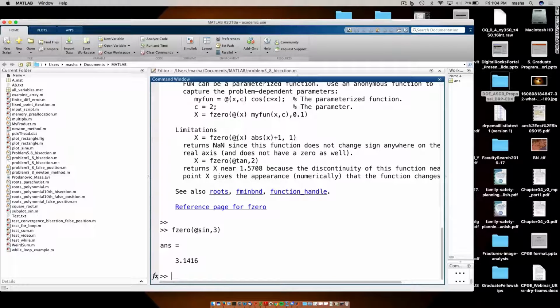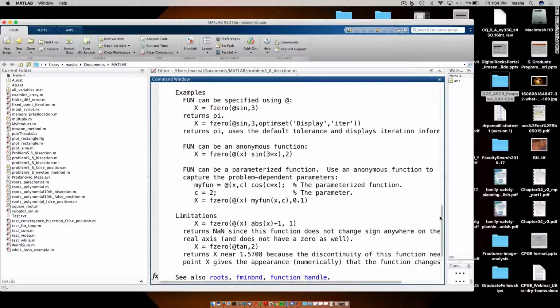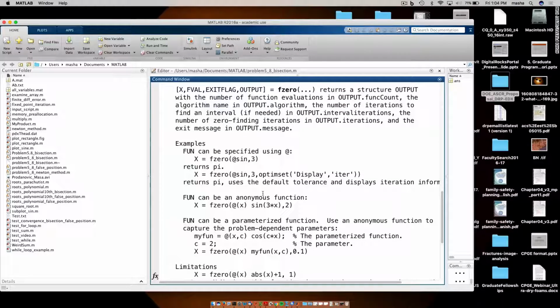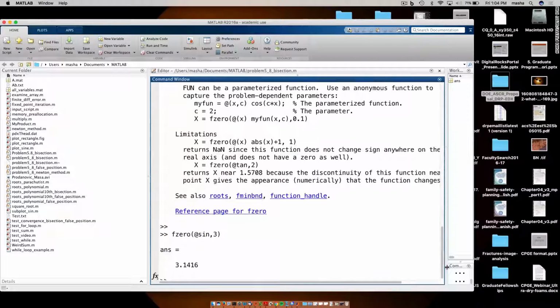Now this is when I actually have a function that is defined by MATLAB. What I could do is define my own. The simplest way is defining it inline, and I'm gonna do a simpler version of it.